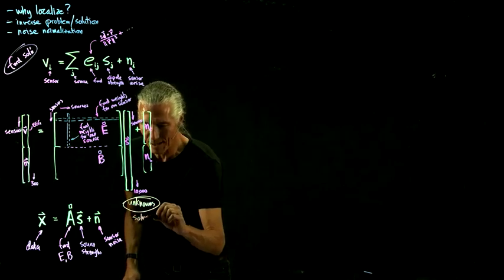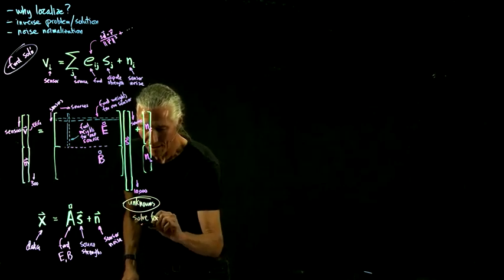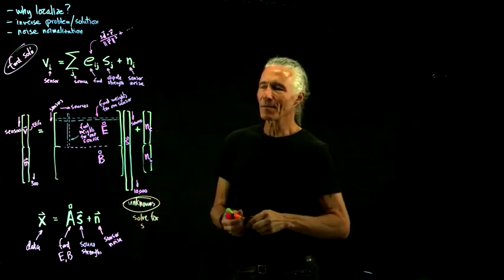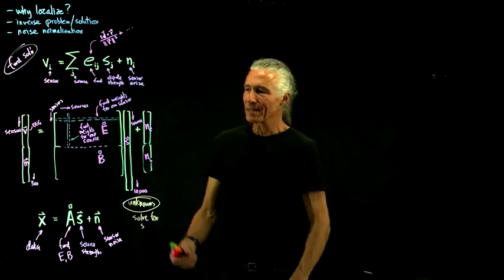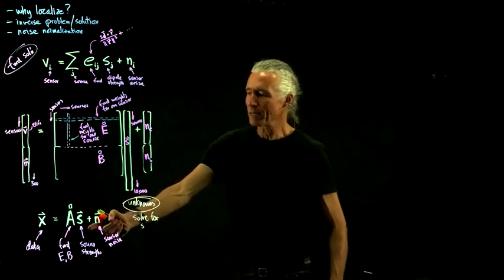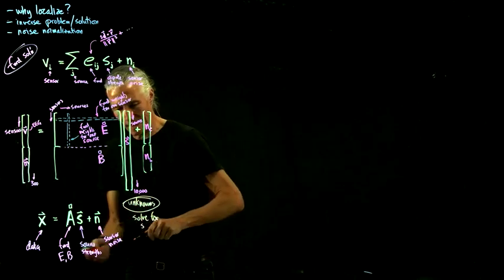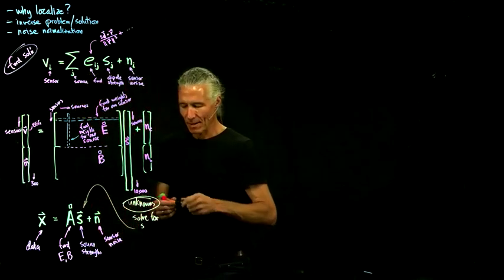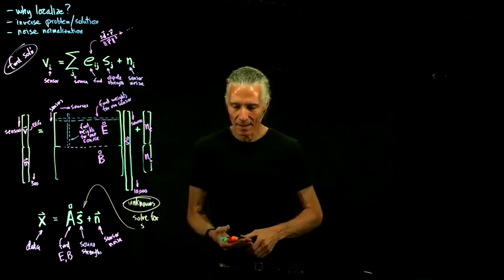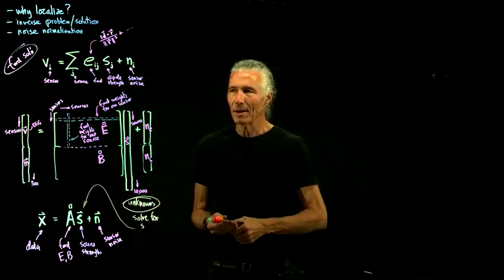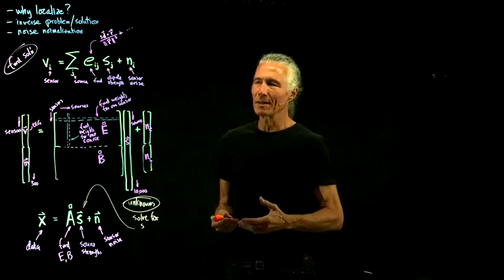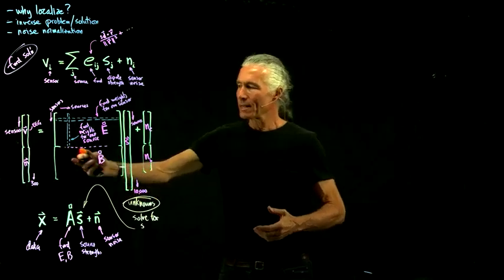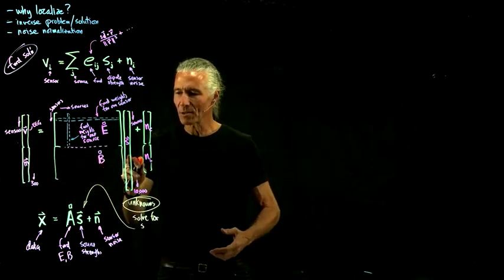So how do we solve for S? We solve for S by basically just inverting this equation. So we just want to solve for this. We solve for that by coming up with a matrix that when we multiply the data times that, so here we've got the sources times the matrix.